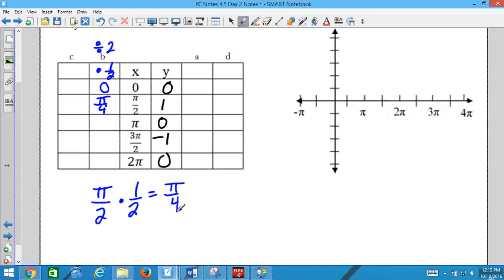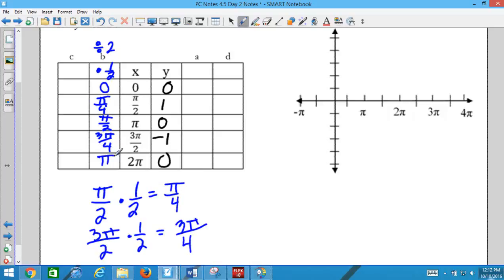So we take pi and multiply it by a half, we get pi over 2. We take 3 pi over 2 and multiply it by a half, and if you're not sure, I could work out the math over here. We get 3 pi over 4. And then we take 2 pi and multiply it by half: pi.